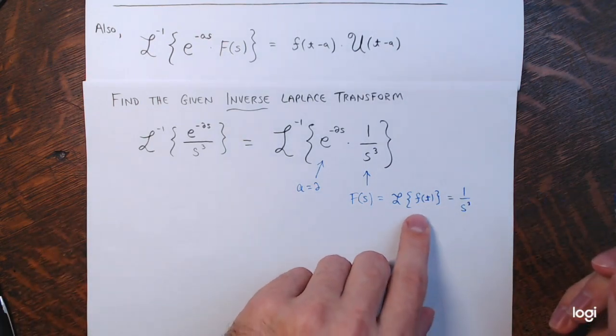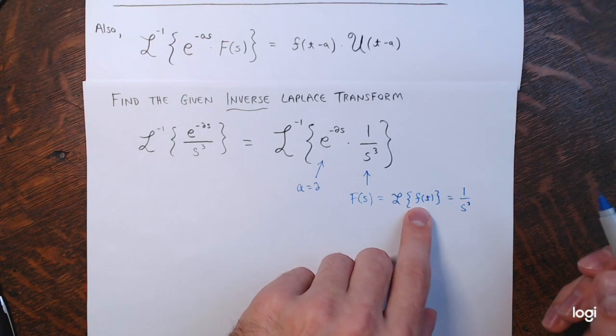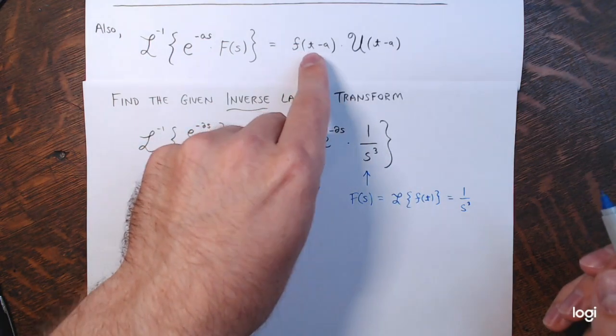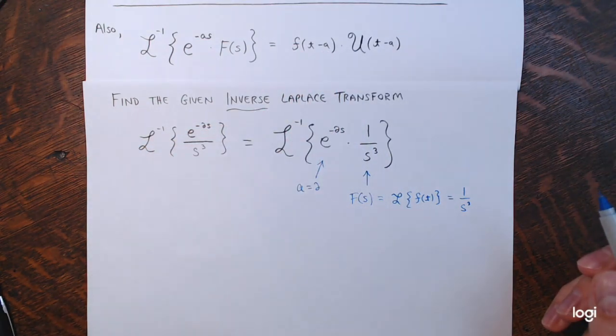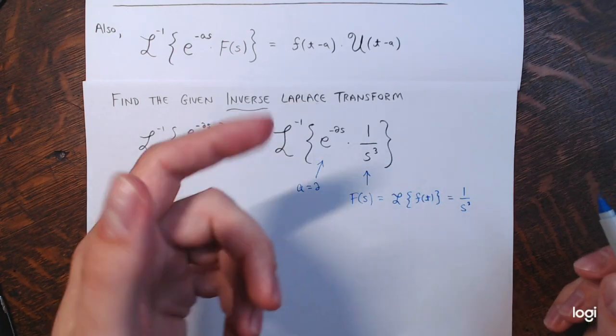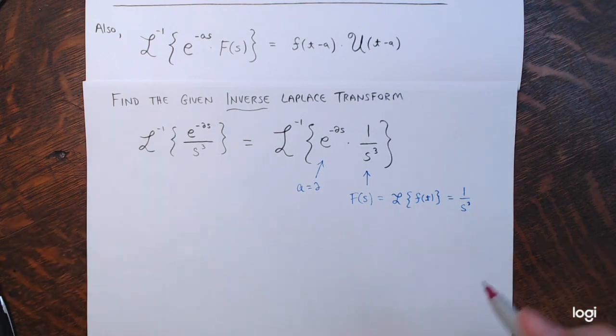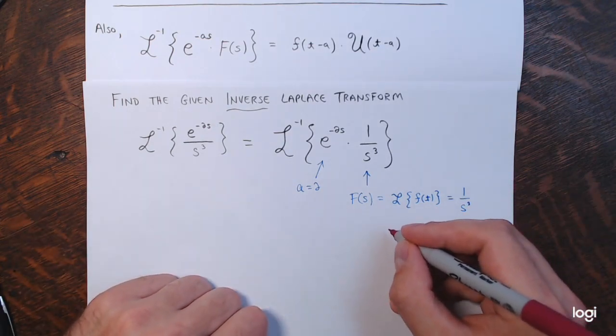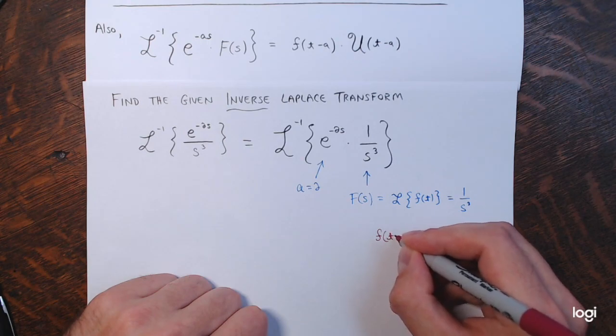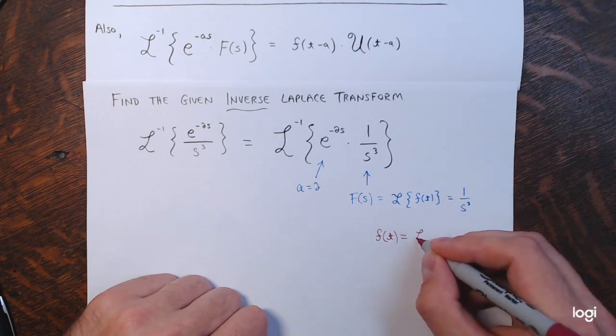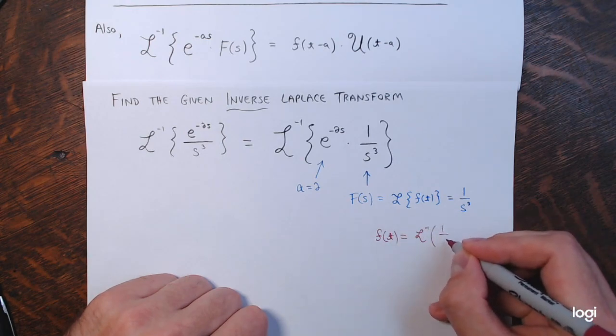So what I want to find now is this f of t, so then I can state what f of t minus a is, or f of t minus 2 is. So f of t would be the inverse Laplace transform of 1 over s cubed.